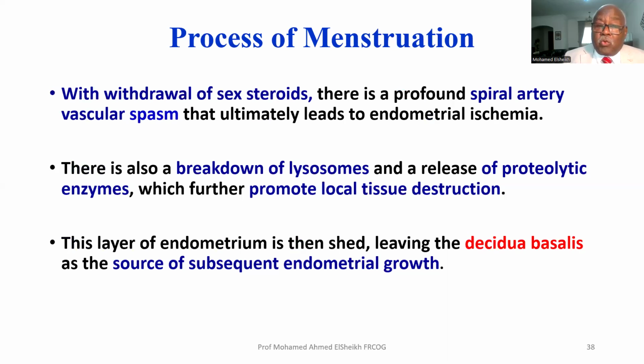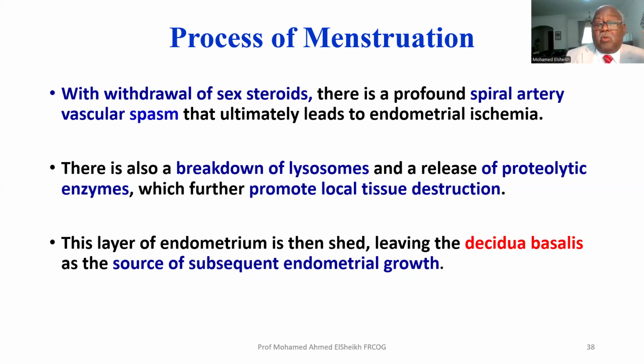With withdrawal of sex steroids, there is a profound spiral artery vascular spasm. The sex steroids, estrogen and progesterone, are withdrawn, and the immediate thing that occurs is that the spiral arteries go into spasm. The spasm of the spiral arteries will ultimately lead to endometrial ischemia.